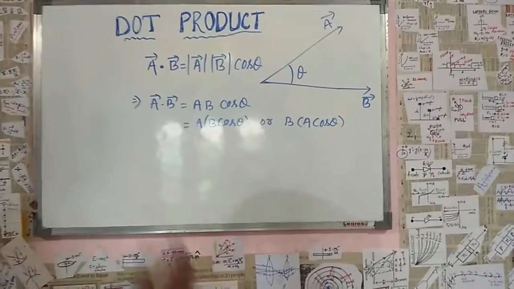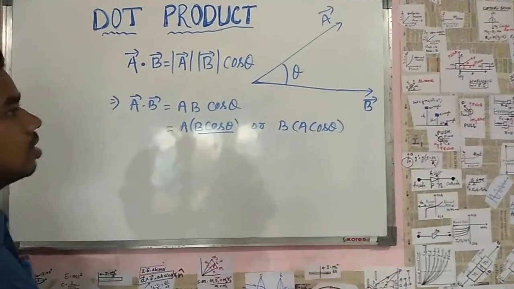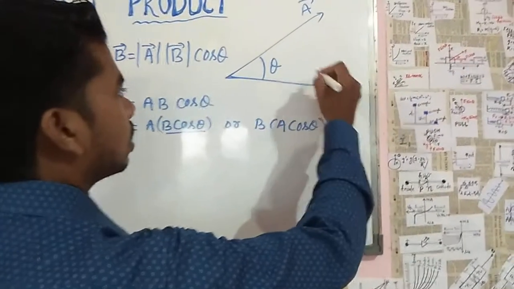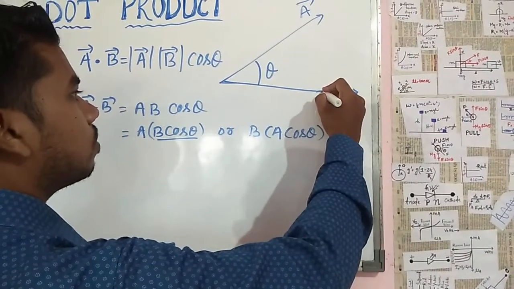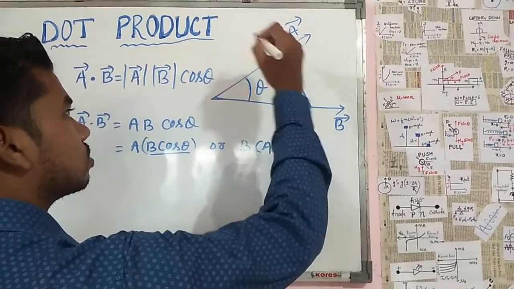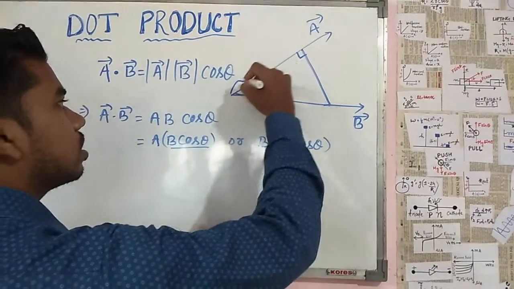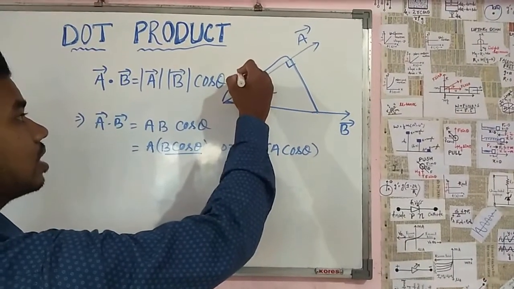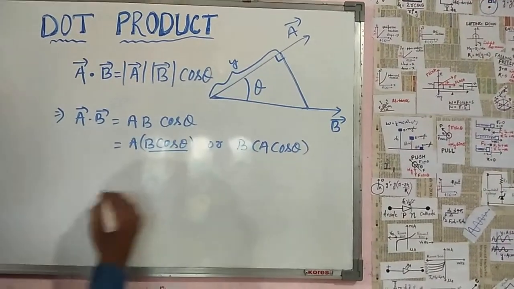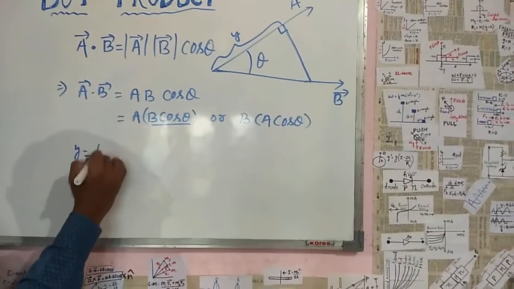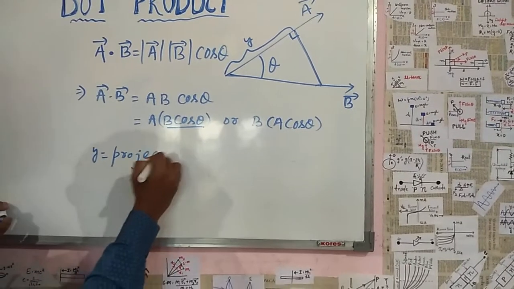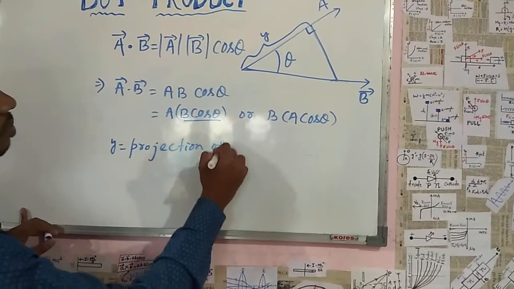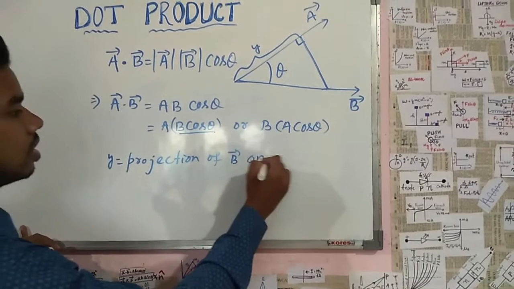What does it mean? What is b cos theta? Let us learn. If we draw a perpendicular from b to a vector, then it will be the projection of b vector on a vector. Suppose I call it y. y will be the projection of b vector on a vector.